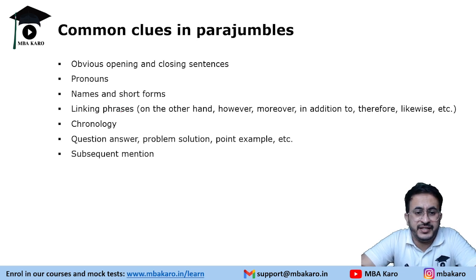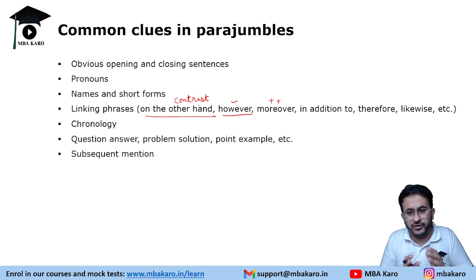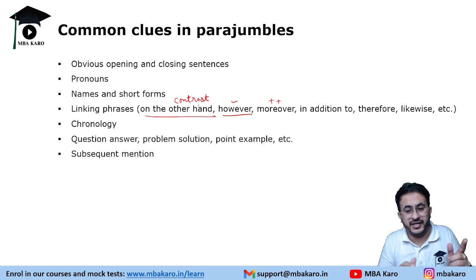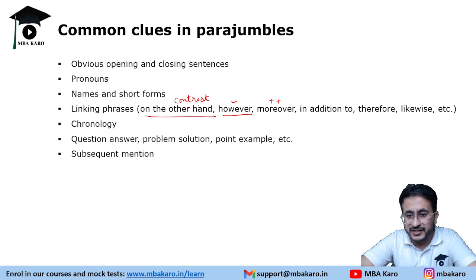Then there are linking phrases. On the other hand means contrast. So there will be some contrasting linking phrases. Here, however, is another contrasting one. Moreover means you are adding one point. Now, if moreover or the word also is used, it means that it is not the first property. So the author talks about one of the traits or examples, then uses moreover. Moreover means the author is stating another example.